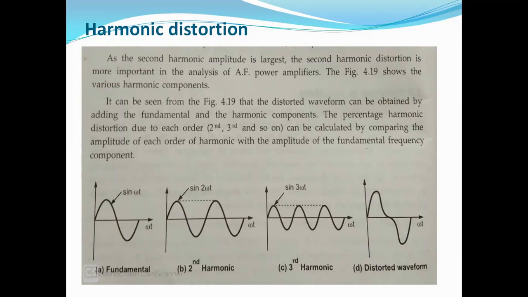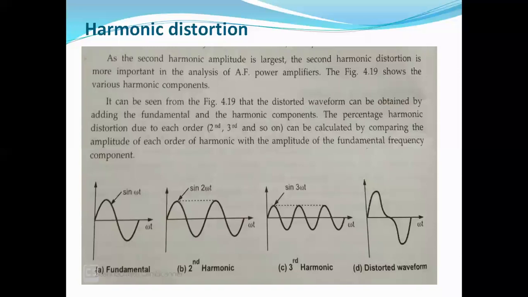Next, if you observe the figure, here we have different types of figures. The first one represents the fundamental frequency component. The second figure represents the second harmonic frequency, that is at that frequency we may have some signal. The third is the third harmonic frequency, and the last one is the distorted signal.